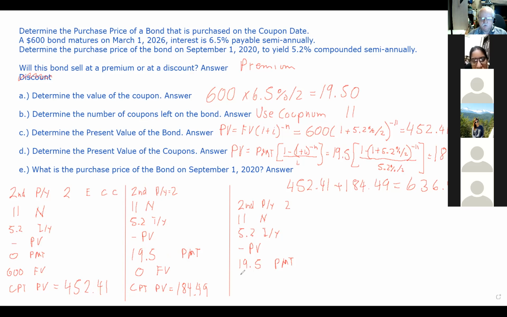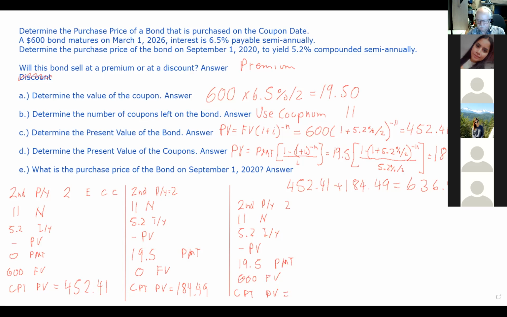but 600 into future value, and now compute present value. And I'm guessing that putting them both in here, we should get this 636.90. Let's try it.